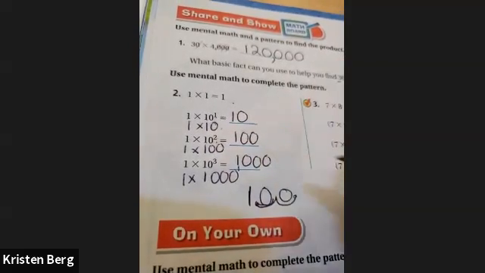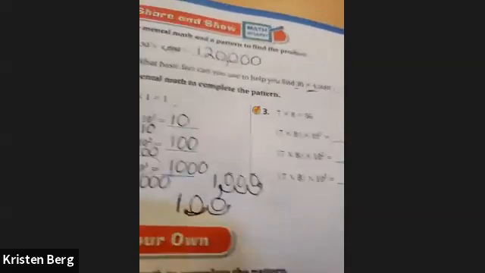Or this one is saying you're at 1, and now you're going to make it bigger 2 places. So now your answer is 100. And then this one is you're starting at 1, and now you're going to make it bigger by 3 places. 1, 2, 3. So then this would make it 1,000. It's just another way to look at that.